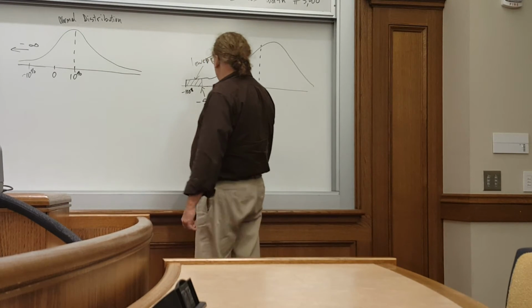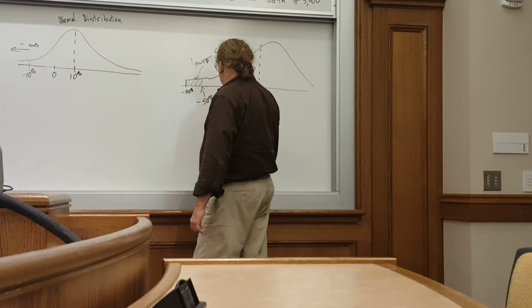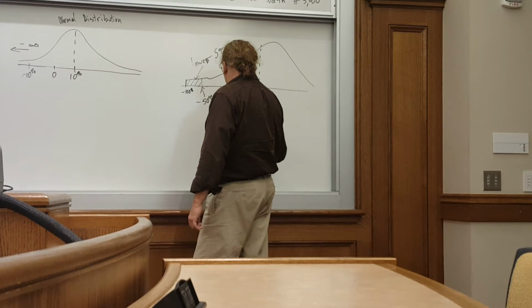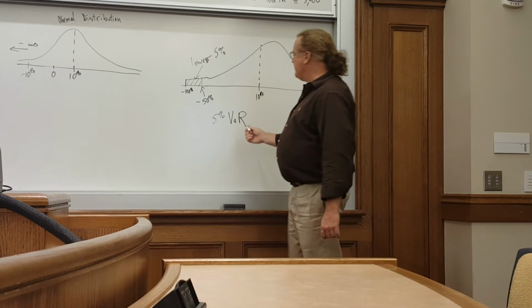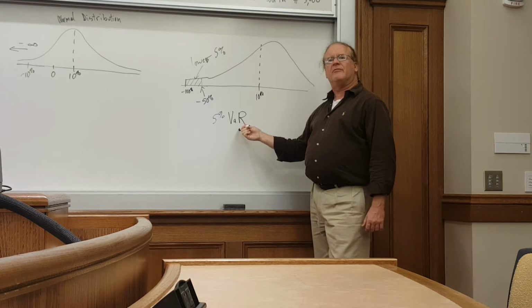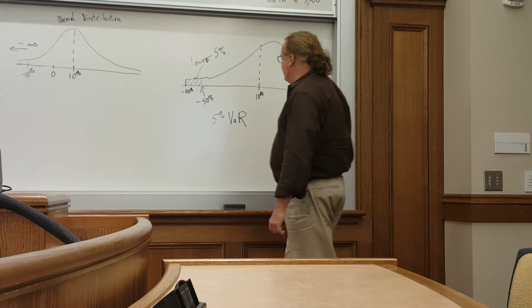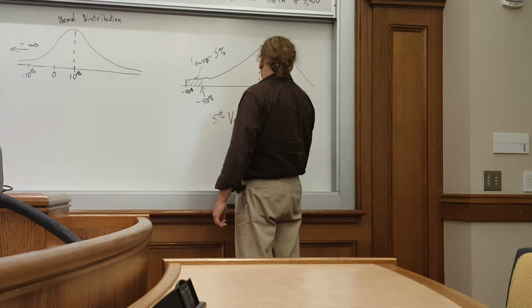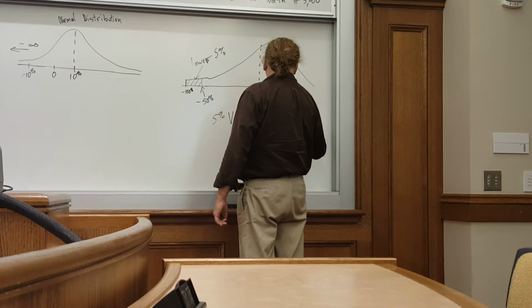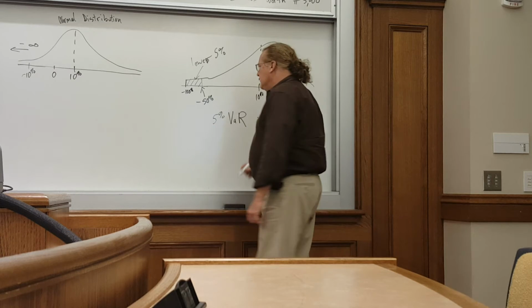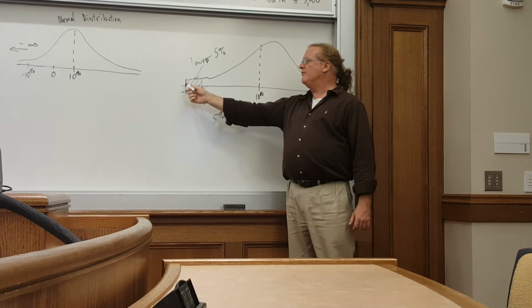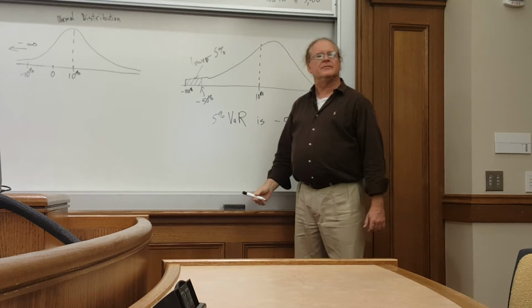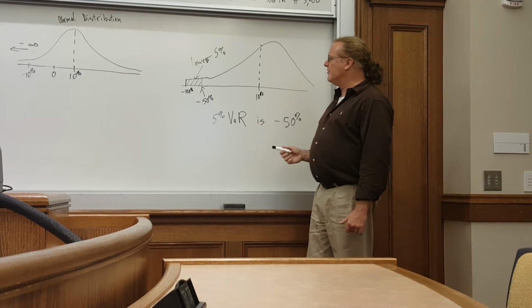So the 5% value at risk, remember I'm capitalizing that R to distinguish it from variance, is negative 50% return. That shows you where that 5% starts. It goes down to, in this case, negative 100%.